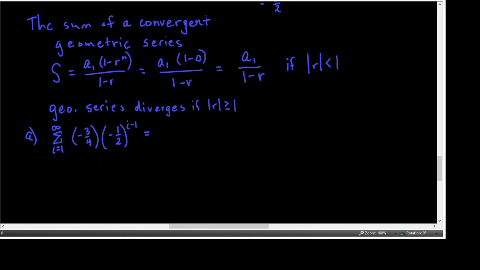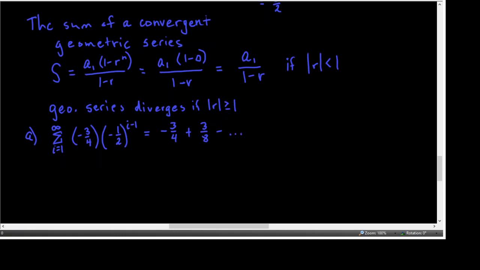So the first term, when i is 1, 1 minus 1 is 0, negative 1/2 to the 0 is 1, 1 times negative 3/4 is negative 3/4, plus, now put in 2 for i, 2 minus 1 is 1, negative 1/2 to the first is negative 1/2, negative 1/2 times negative 3/4 is positive 3/8, etc.